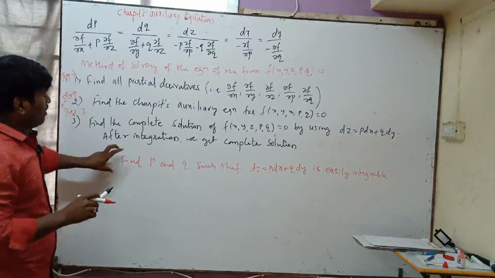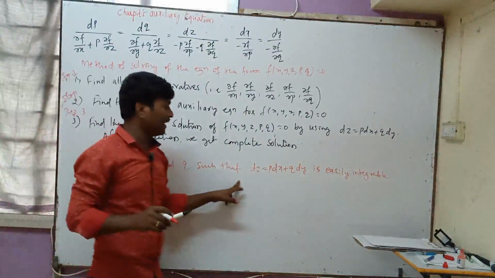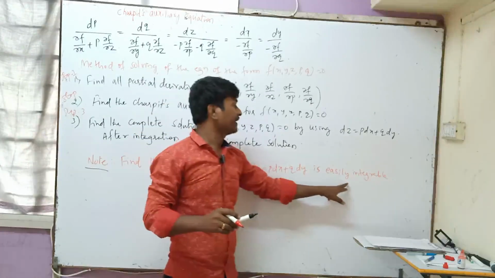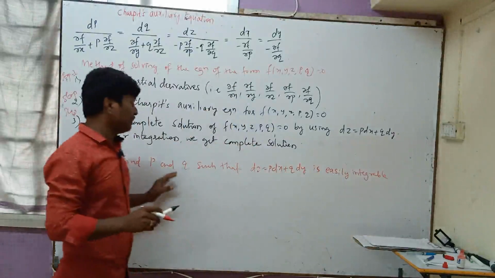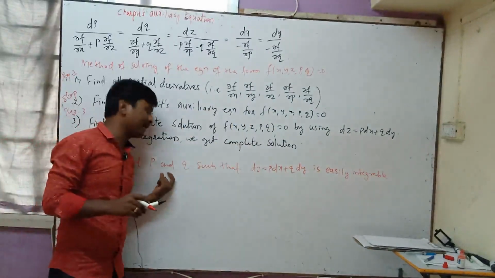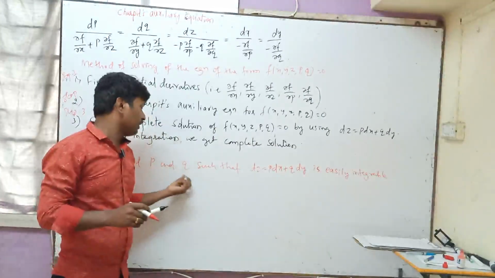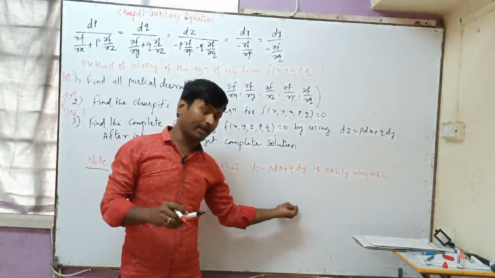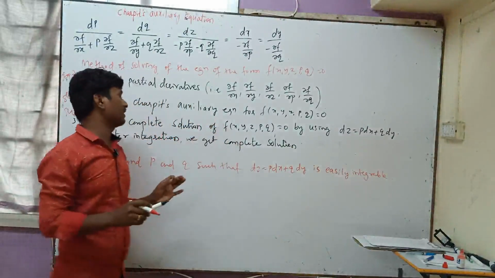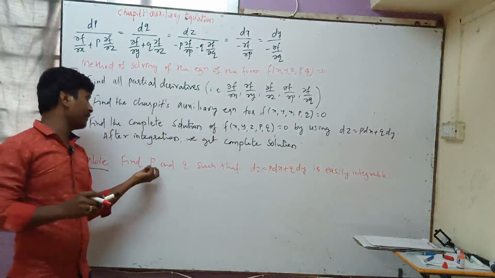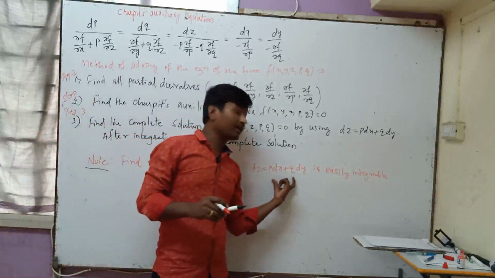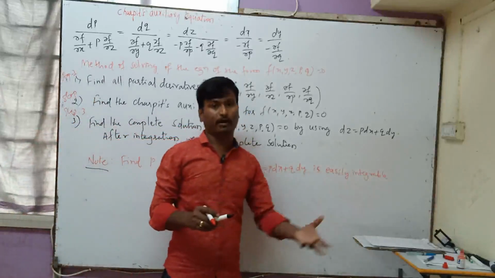One note: find p and q such that dz is equal to p dx plus q dy is easily integrable. Remember once again, you have to find p and q such that after substituting, it is easily integrable.